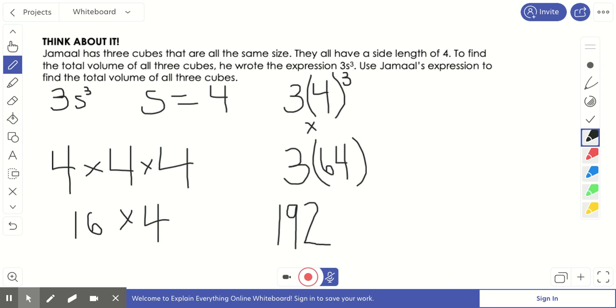Next, I used the order of operations to evaluate 4 cubed. Finally, I multiplied 3 times 64 to get my answer of 192.